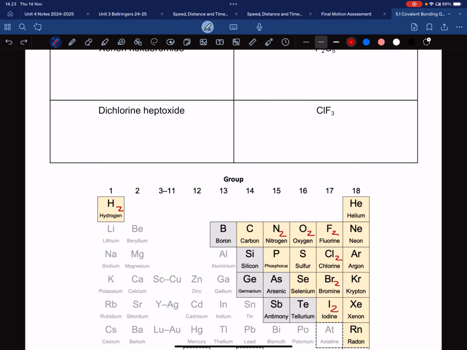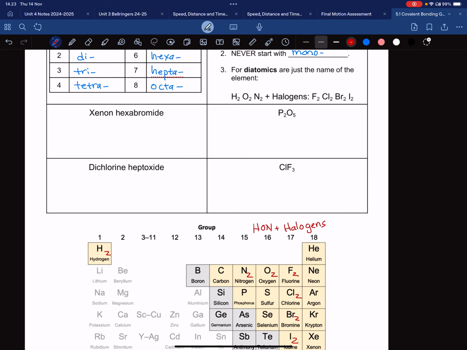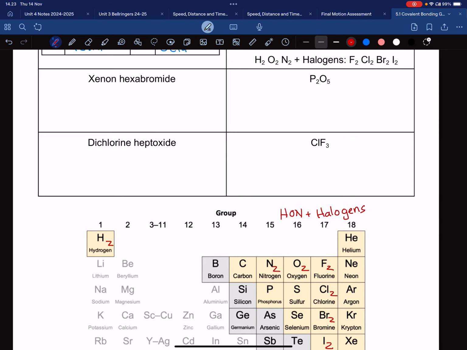And so those are the diatomics. And so I remember it myself as hydrogen, oxygen, and nitrogen, and then the halogens. Or for me personally, I think Hun and the halogens. Those are my diatomic elements, always in the form of molecules with 2 atoms.